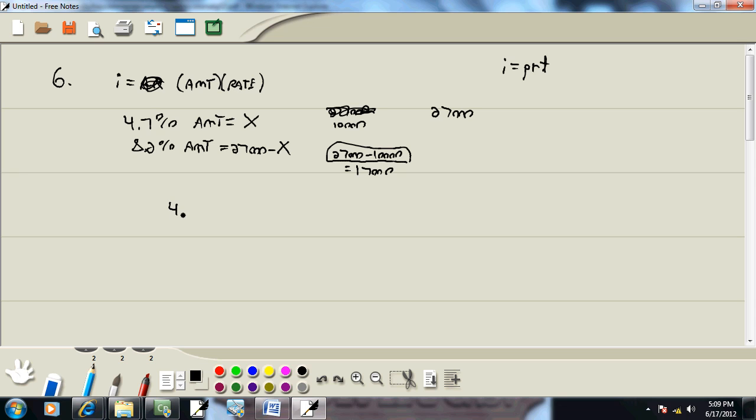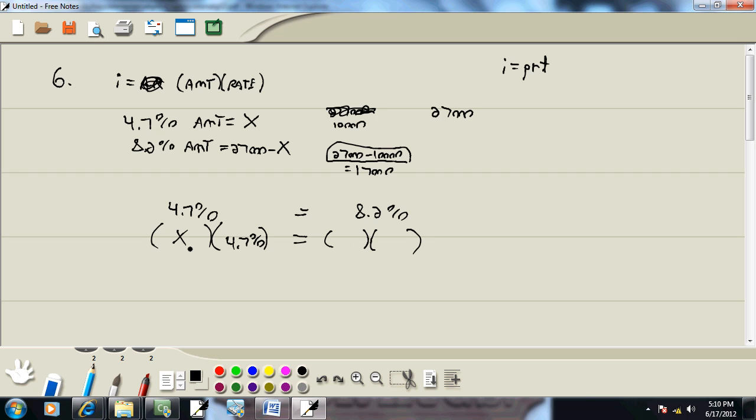So I'm going to have my 4.7%, and we're going to set it equal to our 8.2%. And again, we're going to have amount times rate, and over here we'll have amount times rate. Well, the 4.7% amount was X, and the rate is 4.7%.